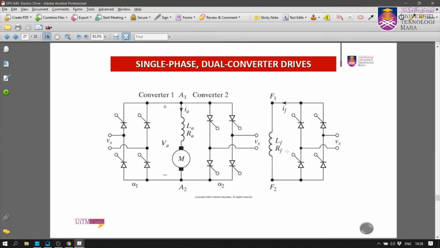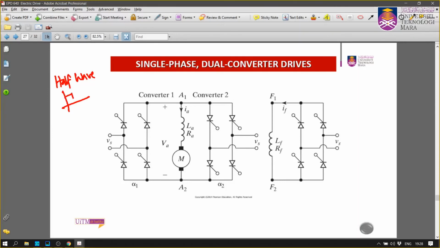Okay, and next, finally. Just now we looked at the half wave rectifier. This half wave rectifier only works in the first quadrant. Then we looked into the full wave rectifier, the controlled rectifier, which works for two quadrants, Q1 and Q4.